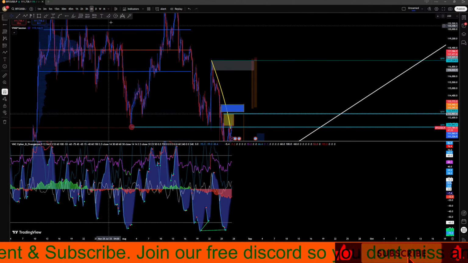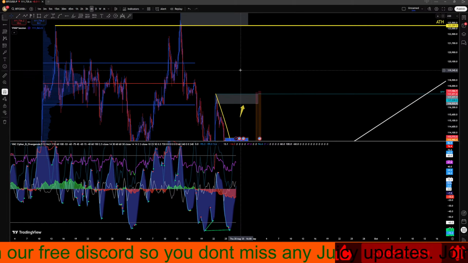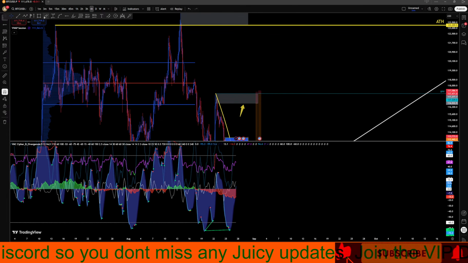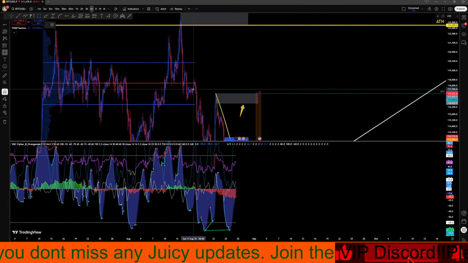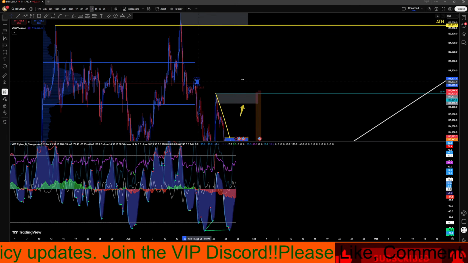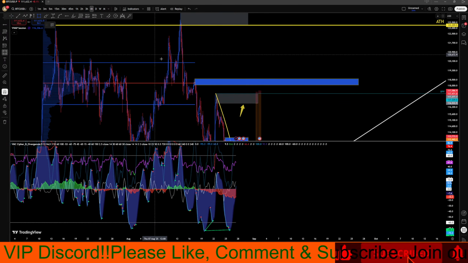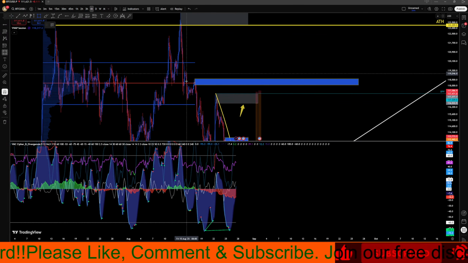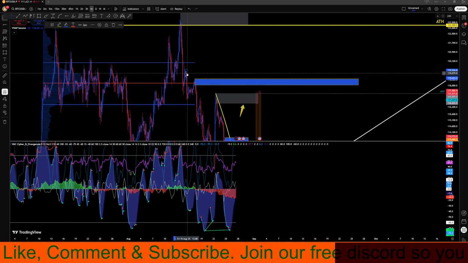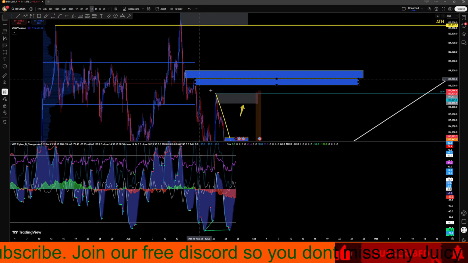So take profit area 1 here, and then we have another zone at the POC. But there are a few zones here that we could look at. So I wouldn't have a set take profit. I would basically do a manual take profit, given how close these zones are.